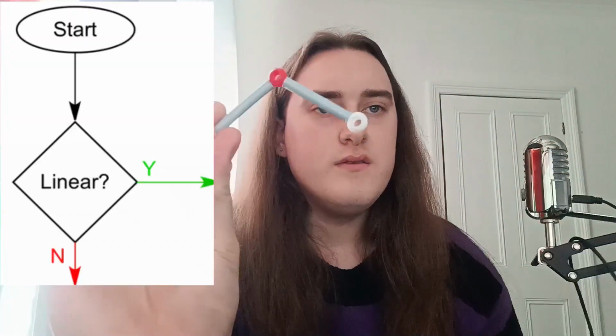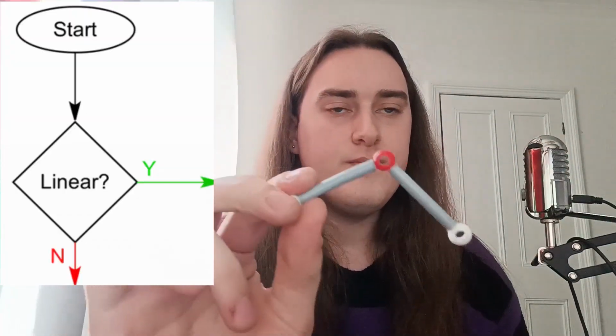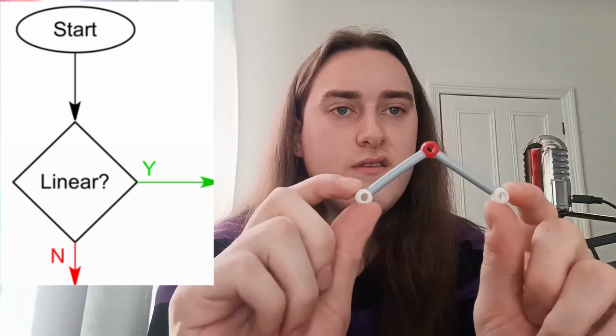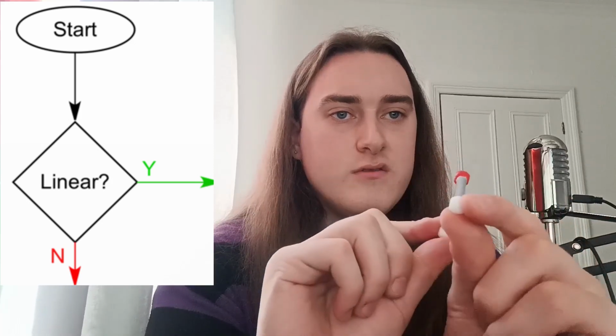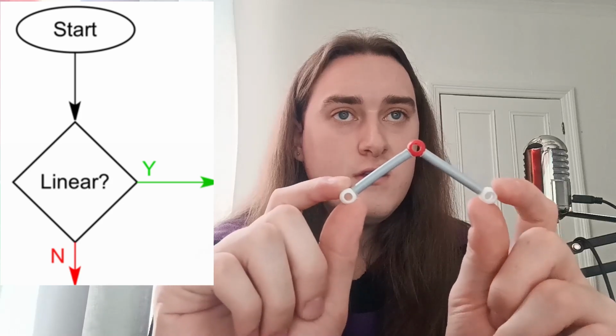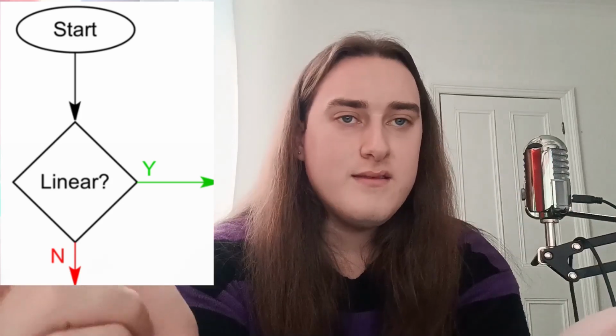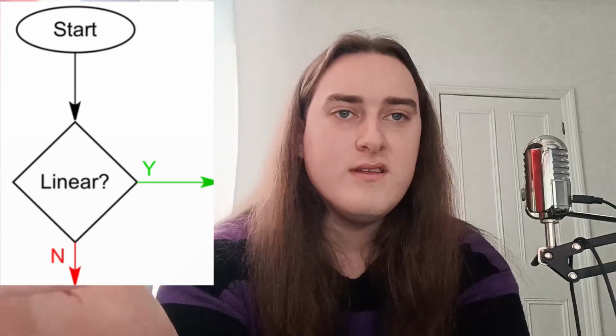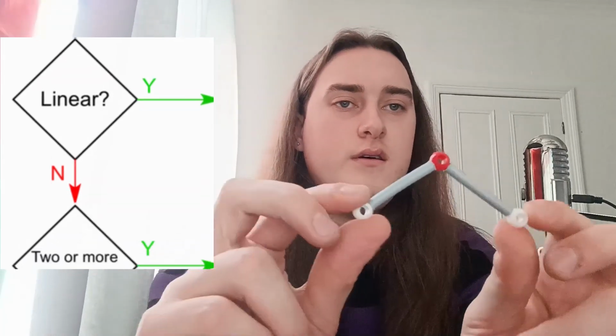So here is water. The first question on the flowchart is whether this is linear or not, which we know is not true. It's not linear because it's bent. Water isn't linear. Everyone knows this.